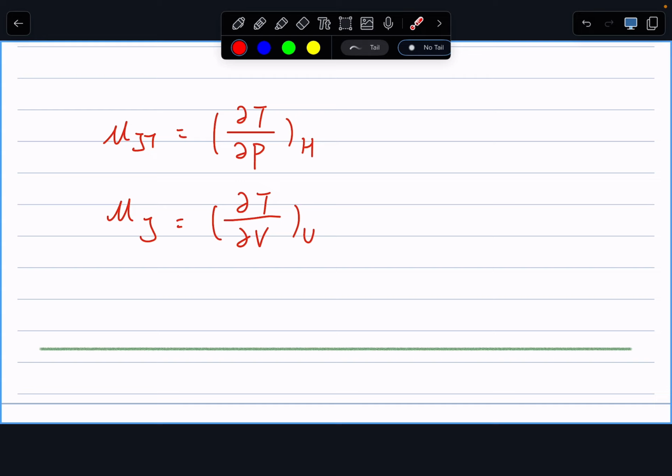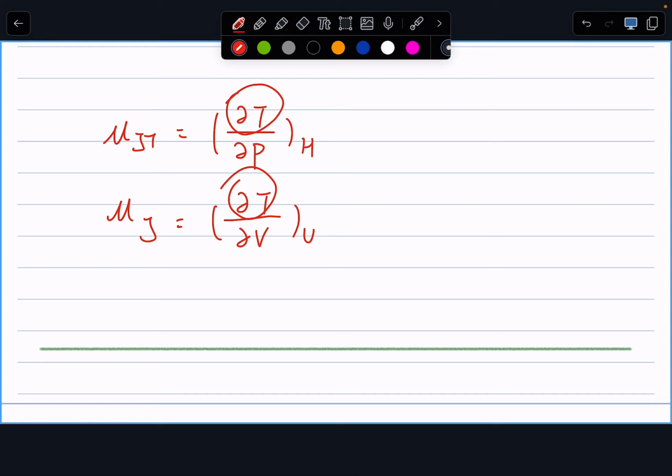One step further. Do we know the answer? That's going to be 0, because for both processes we're keeping enthalpy or internal energy constant, so delta T must be 0 for that process, for ideal gas only.